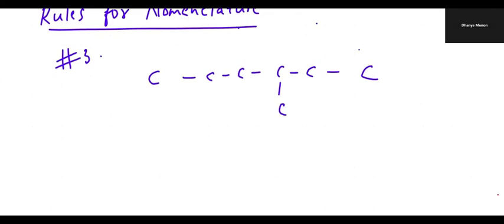So here, 1 valency is satisfied, I need 3. Here, 2 valencies are satisfied, I need 2 more. Here, 2 valencies are satisfied, so I need 2 more. Here, 2 valencies are satisfied, so I need 2 more. Here, 2 valencies are satisfied, I need 2 more. Here, 1 valency is satisfied, I need 3 more. Here also 1 valency is satisfied, so I need 3 more.